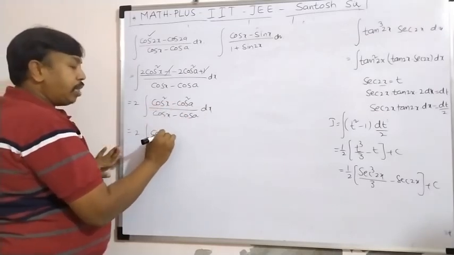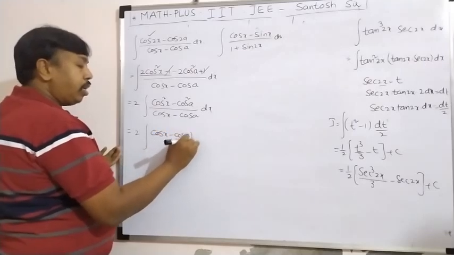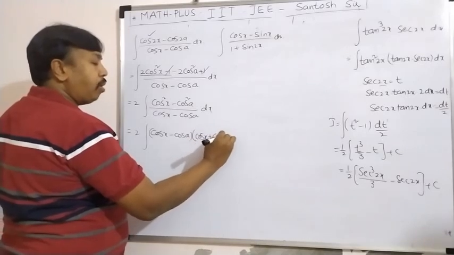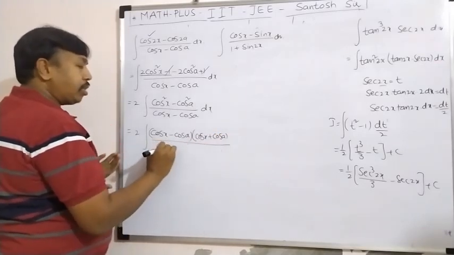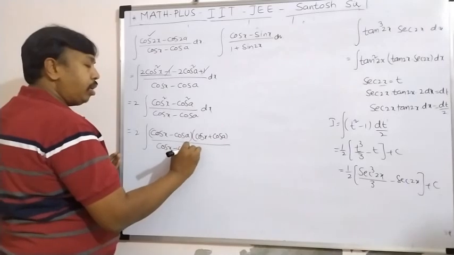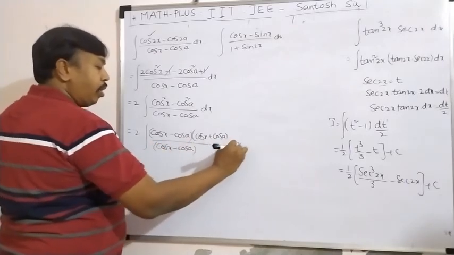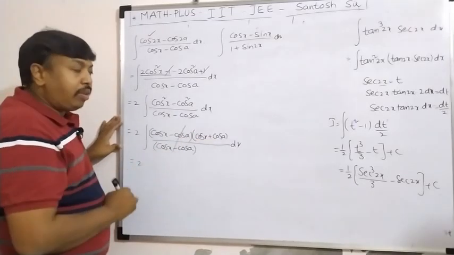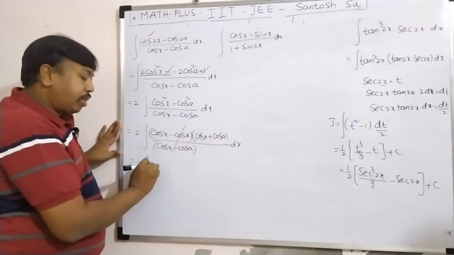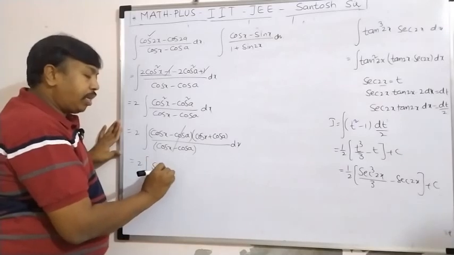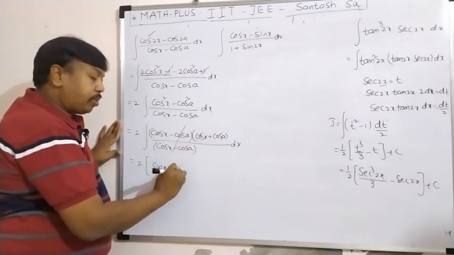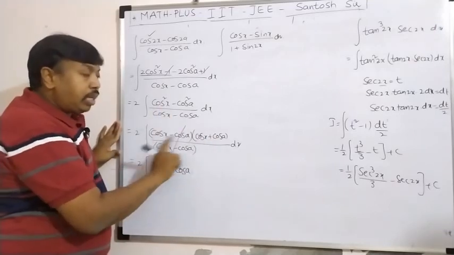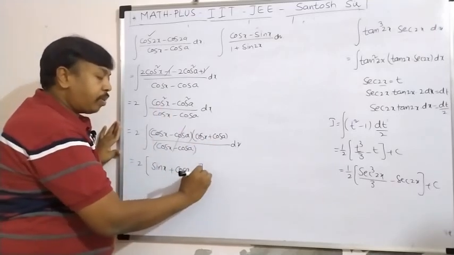So I am writing this as (cos x minus cos a) into (cos x plus cos a) whole divided by (cos x minus cos a) into dx. Now this term gets cancelled. So 2 into, now this function's integration we can easily do. What is the integration of cos x? That is easily sin x, plus cos a is a constant, cos a written as it is. Only 1 will be there. So integration of 1 dx becomes x plus c.